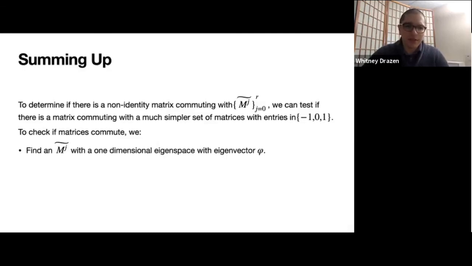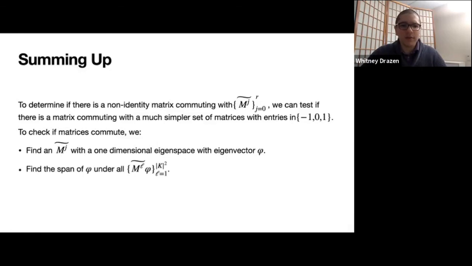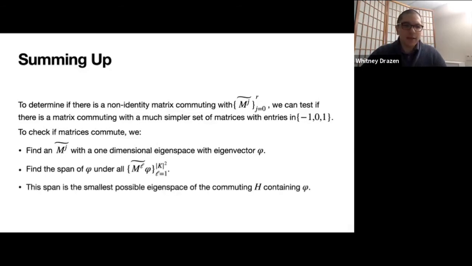This is relatively easy to do because the 0, 1 matrices are sparse. Then corresponding to that eigenspace, we have an eigenvector, and we find the span of that eigenvector under the M to the k. The span of this is the smallest possible eigenspace containing this phi that commutes with H.